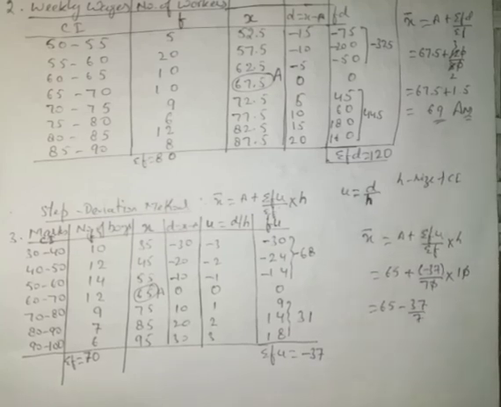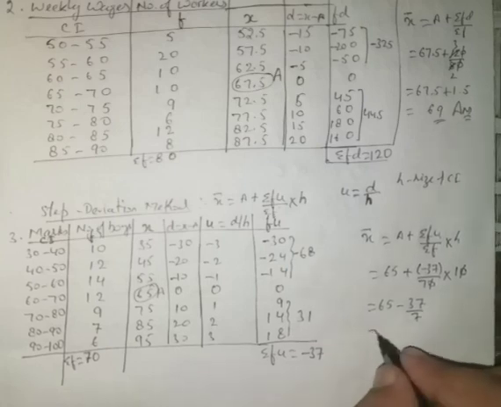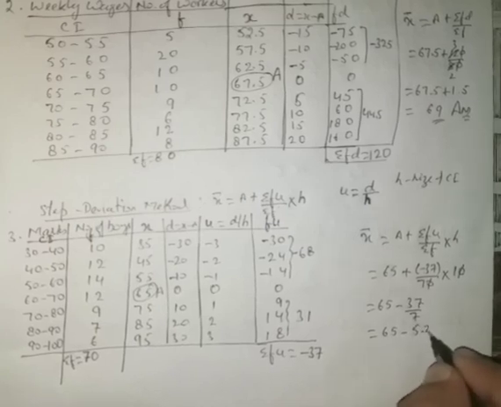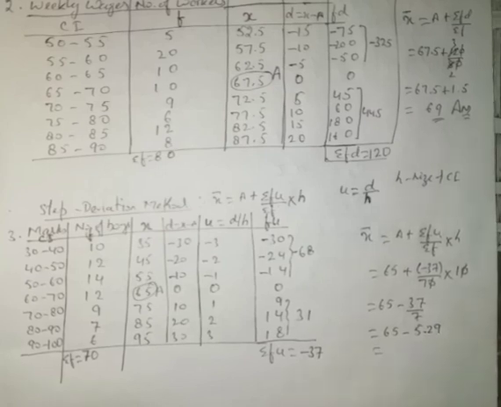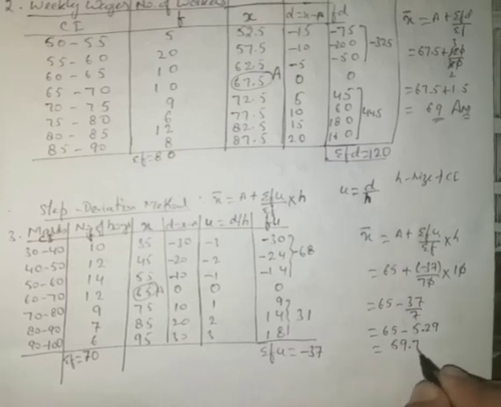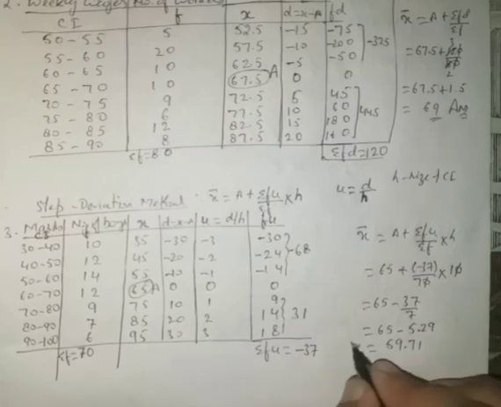On dividing 37 by 7, we get 5.28, or we can write this as 5.29. So the solution that we will get here is 65 minus 5.29. So the answer that we will get is 59.71.